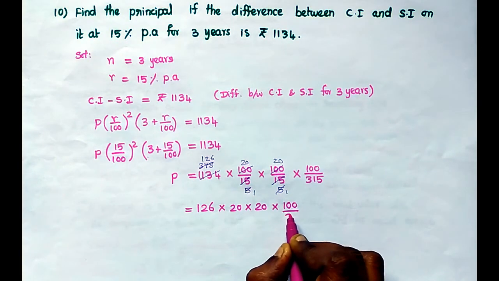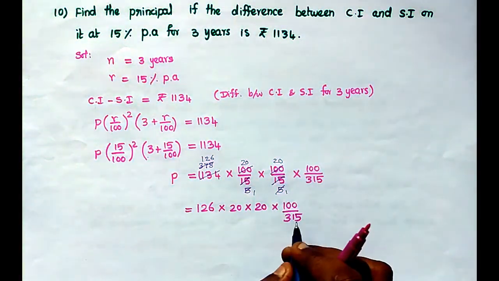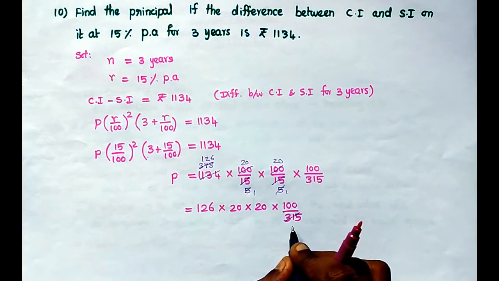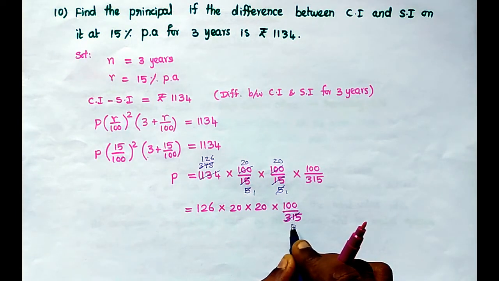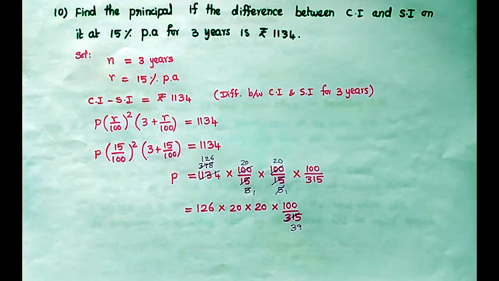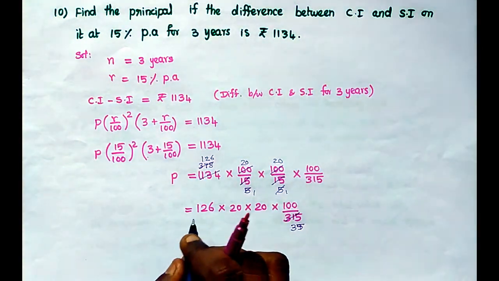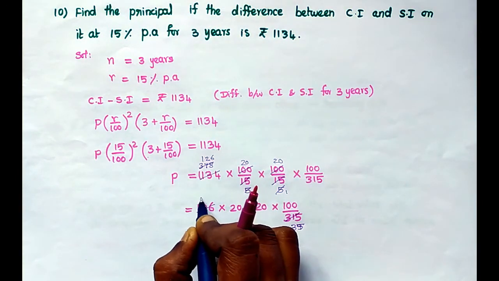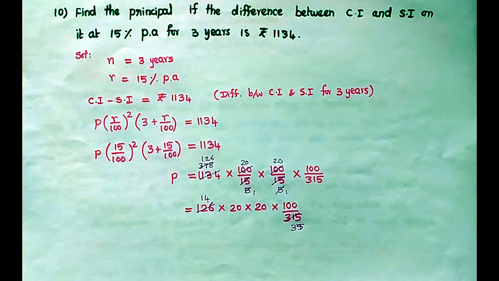100 by 315. Again cancel these numbers by ninth table. 9 3s are 27, balance 4, it becomes 45. 9 5s are 45. And here 1 9 is 9, balance 3, 36, that is 4 times.